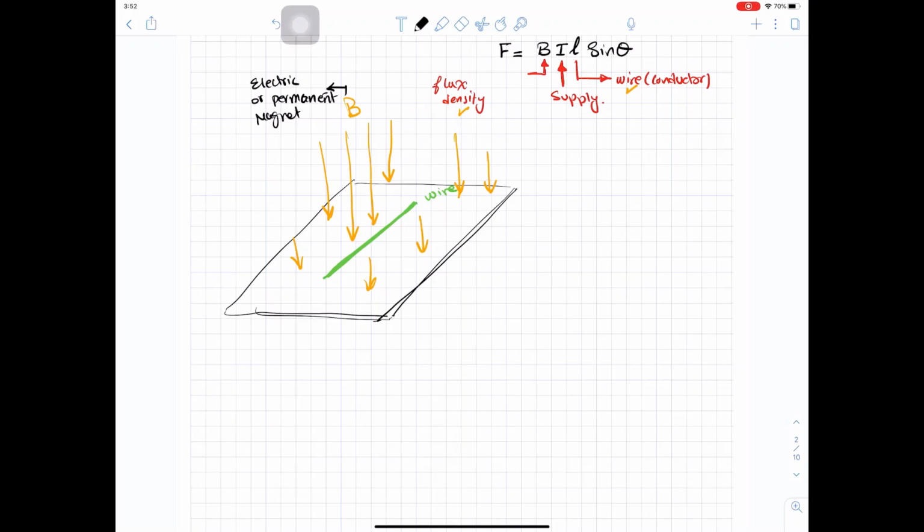A permanent magnet is magnetic material that produces flux without a source. An electric magnet is just a core and we have a coil around it to be able to generate flux. So we learned in the magnetic circuits how we can establish a flux with certain flux density B. And this flux density is applied to a wire or a conducting material.